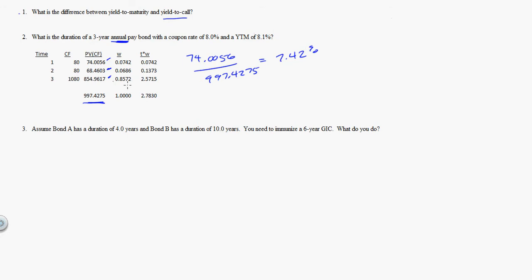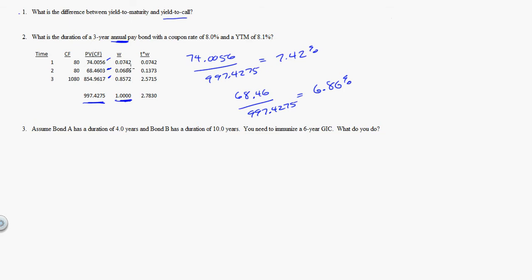The payment that comes in year 2 is worth $68.46 to me. The whole thing is worth $997.4275. So that's 6.86% of the bond. And the same here, the 854 over the 997, that's going to be 85% of the bond. So this will always add up to 1.